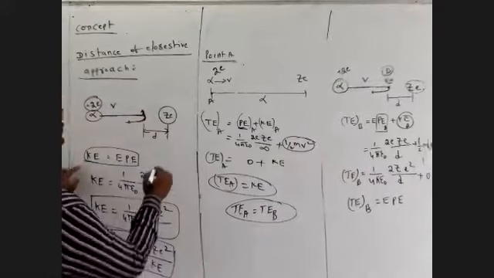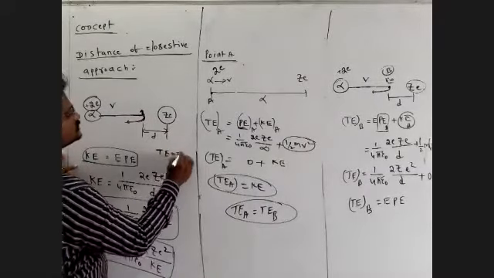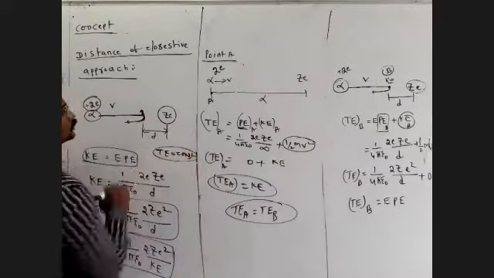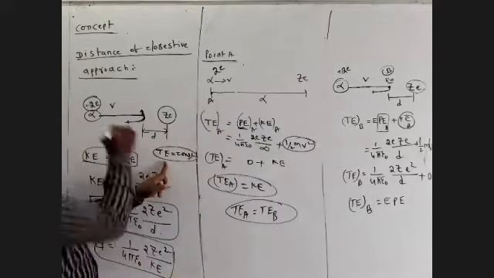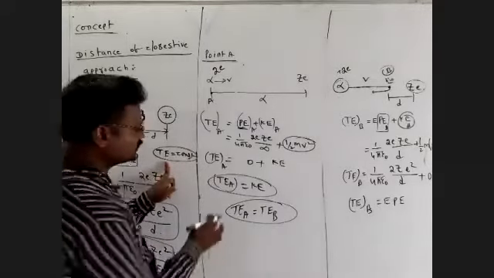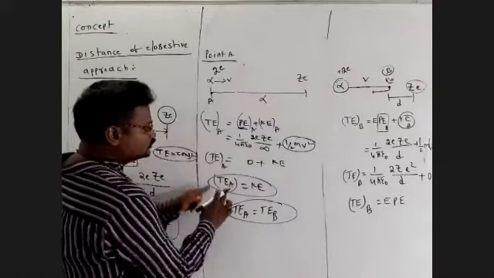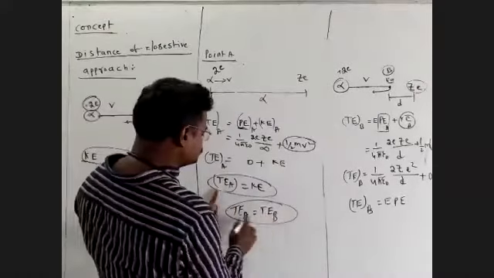Total energy is constant at any point, whether the A point or the B point.